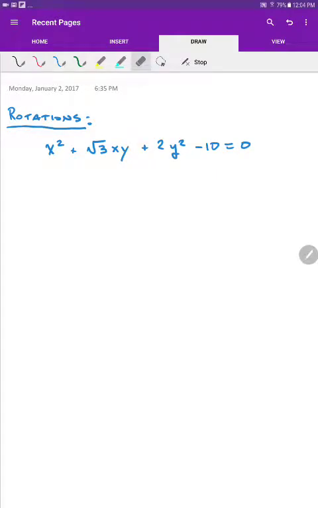Okay, so we figured out how to look at a relationship and determine if it's an ellipse, hyperbola, or parabola. For example, here for this relationship we have a equals 1, b equals square root of 3, and c equals 2.